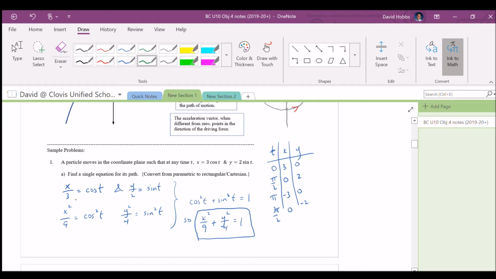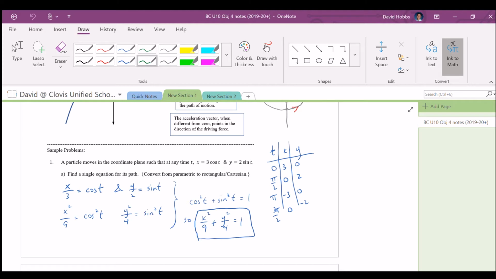And so x over 3 equals cosine t, so square both sides. Similarly for the sine, y over 2 equals sine t, square both sides. And so we can get x squared over 9 plus y squared over 4 equals 1. Now, the only thing to be careful of is just to make sure that we don't need any restrictions for this equation.